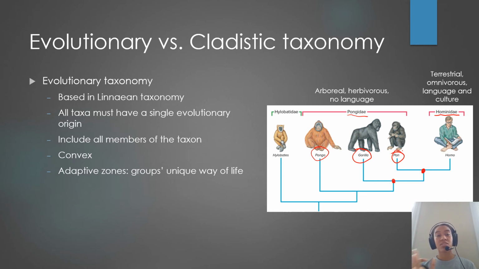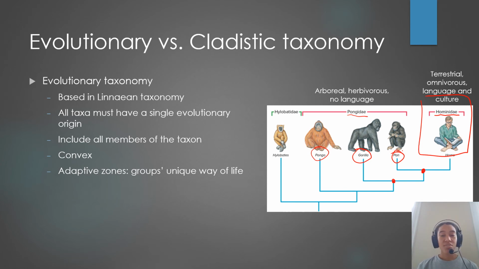But chimpanzees and gorillas are grouped together if you're an evolutionary taxonomist. This causes you to get a paraphyletic grouping. So Pongidae, for an evolutionary taxonomist, is a paraphyletic group because it does not include humans, right?